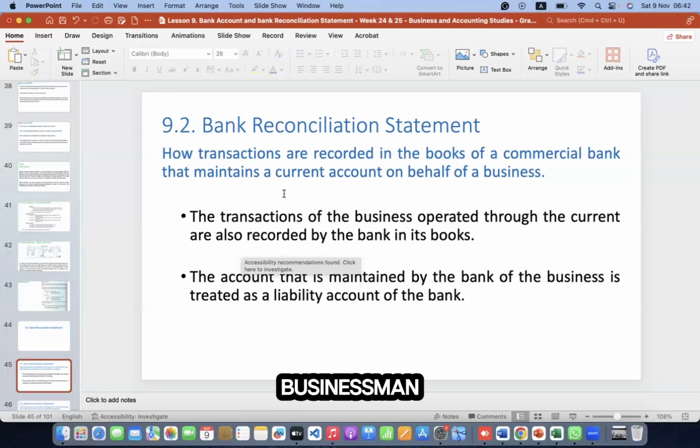In terms of the businessman, his bank account is a debit, an asset account. Whereas from the perspective of the bank, that bank account is a liability account. The account that is maintained by the bank of a business is treated as a liability account.